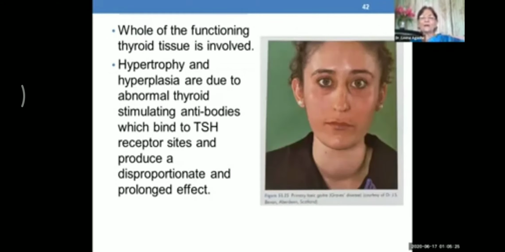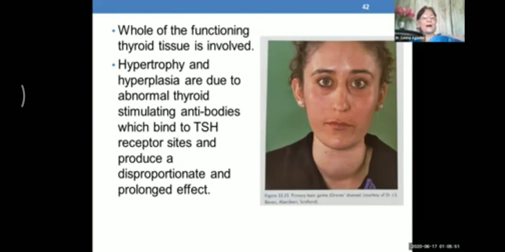This is a photograph of a woman having Graves' disease. You can see there is a goiter in the neck, which is a diffusely enlarged swelling. The eyeballs are prominent. There is a typical name for these eyeballs in thyrotoxicosis or Graves' disease. It is called exophthalmos. The whole of the functioning thyroid tissue is involved in this.